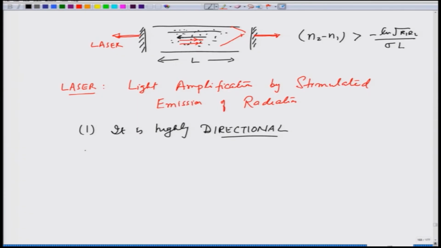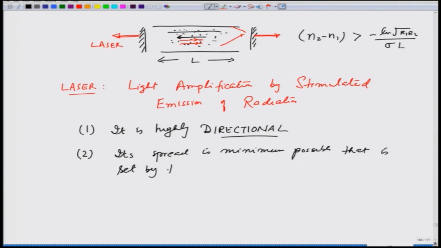And also it is so because its spread is minimum possible, that is set by the diffraction limit. So, it does not spread like a torchlight, it spreads very little.